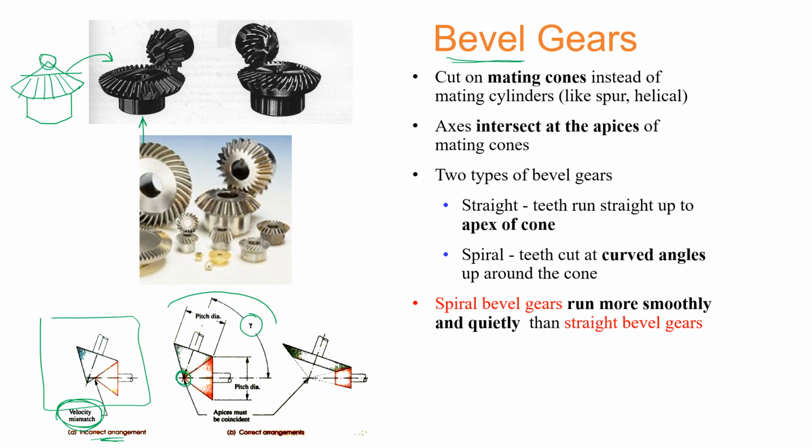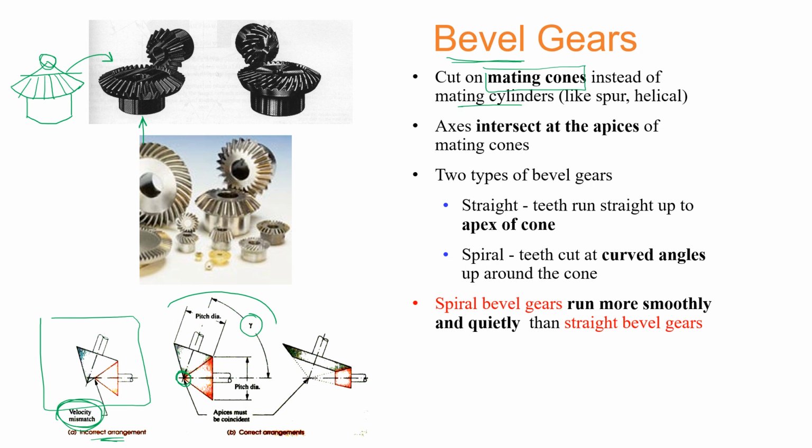So coming back to this point, the previous gears that we have mentioned came from the analogy of mating cylinders, but this one comes from the mating cones concept. And that's what makes these bevel gears different.